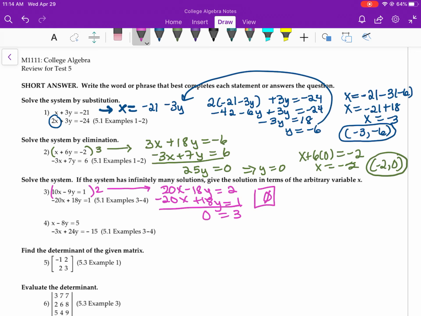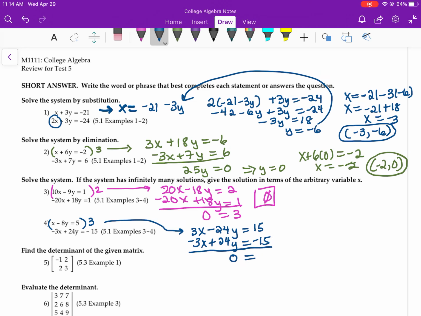On the second one, I'm going to try to eliminate x again, so I'm going to multiply by 3. And we get 0 equals 0. So this one is infinite solutions.